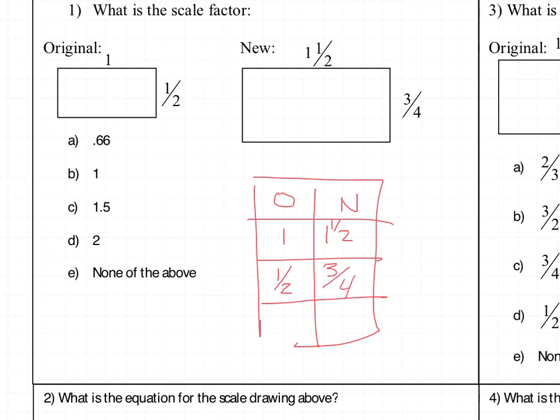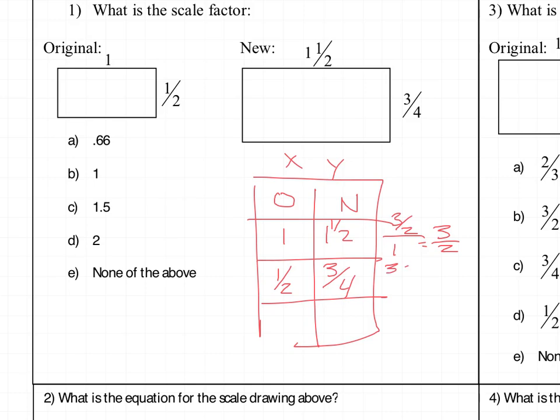If we want to know what the scale factor is from original to new, that's the same thing as a constant of proportionality. So we're going to have x and y. We're going to have 3/2, that's our 1 1/2 divided by our 1. It's going to tell us that the scale factor is 3/2. Let's quickly double check that that's true for our other side to make sure that the scale factor was used consistently throughout.